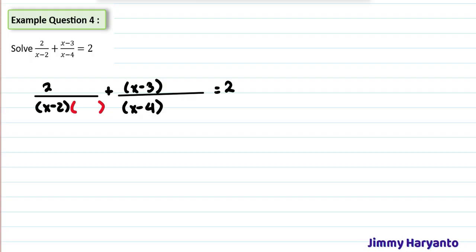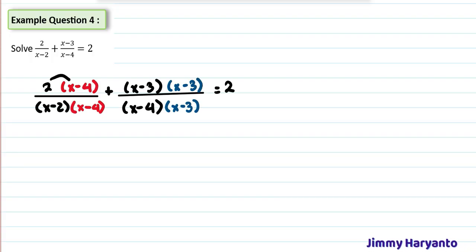Like this one, the fraction doesn't have x minus 4. That means you have to add x minus 4 at the bottom and also at the top part. For this one, the bottom part doesn't have x minus 3. That means you have to add x minus 3 on both sides.